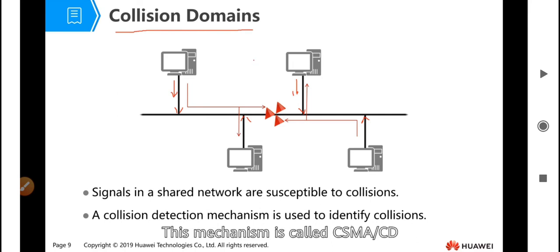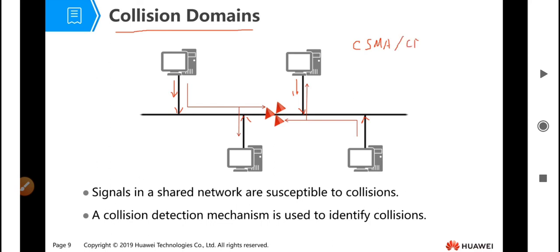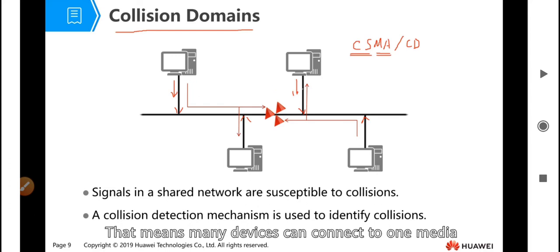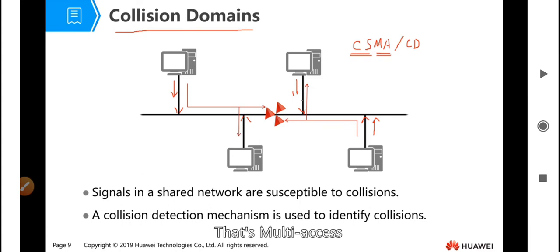In the collision domain, we must have a mechanism to make sure that at one time only one device can send the signals. This mechanism we call CSMA/CD. Of course this is an abbreviation. The CS means carrier sense. MA means multi-access, that means many devices can connect to one media. And then the CD is collision detect.